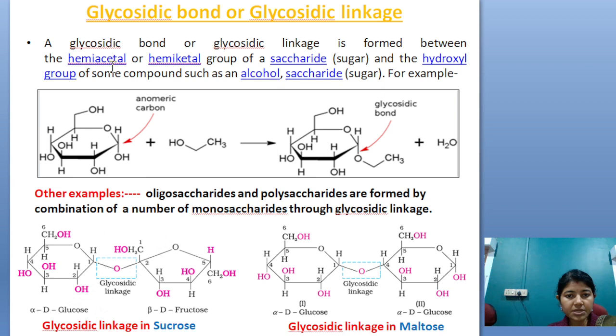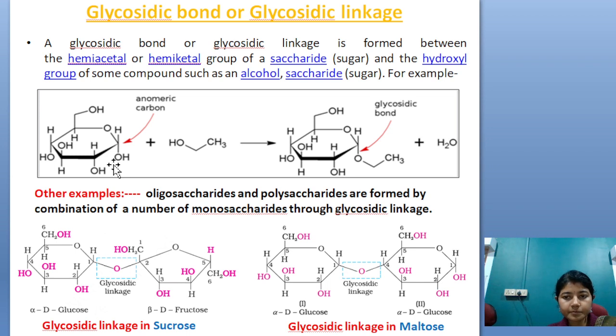Hemiacetal or hemiketal group of a saccharide means this anomeric carbon containing the OH group. This OH group is termed as hemiacetal or hemiketal.